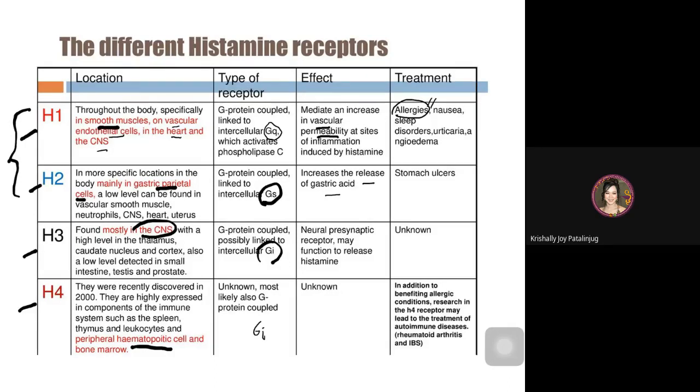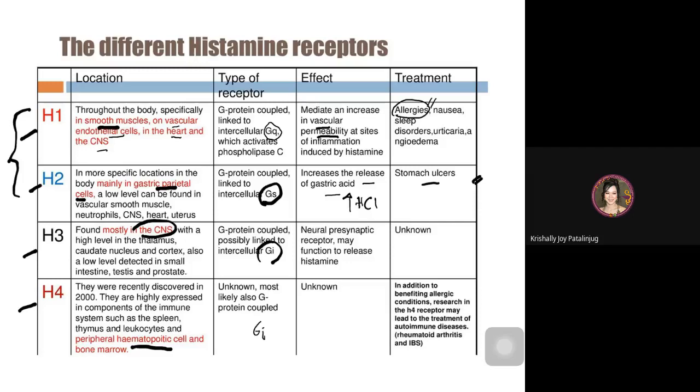Then for histamine 2 receptor, since ang effect kapag na-activate yung histamine 2 receptor, they increases the release of gastric acid. So tataas yung HCl level na ay tendency na with prolonged increase secretion ng HCl in the stomach that might lead to stomach ulcers, hyperacidity. So naatay mga treatment like H2 blockers, no, para matreat ang stomach ulcers.